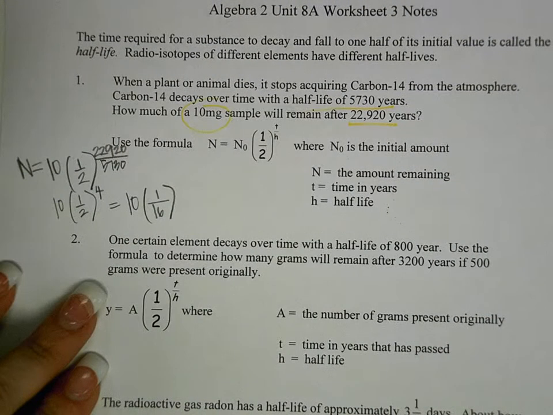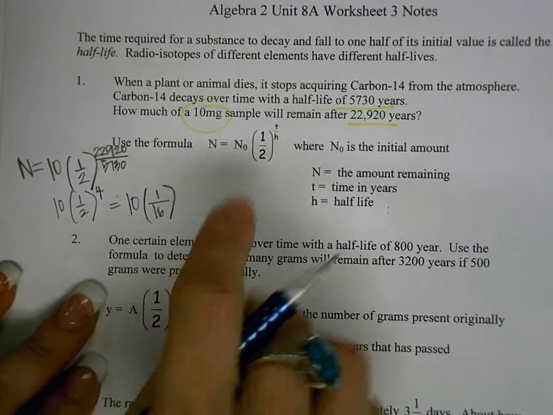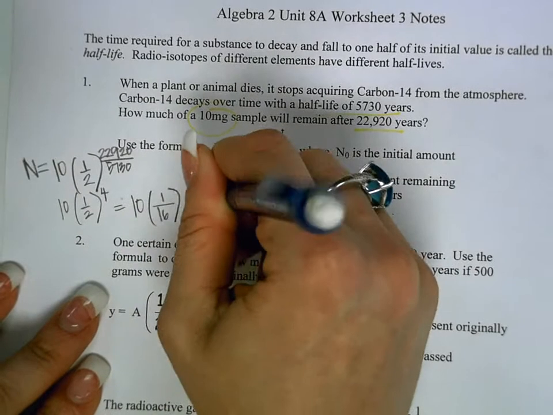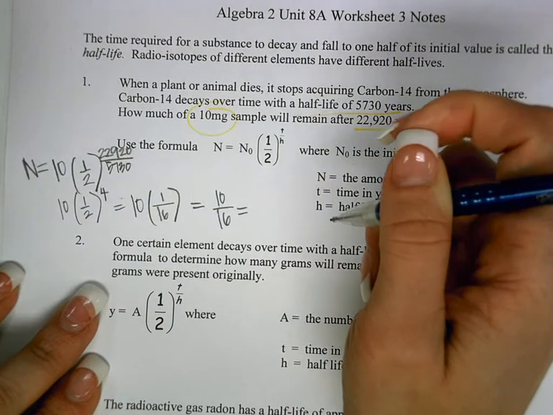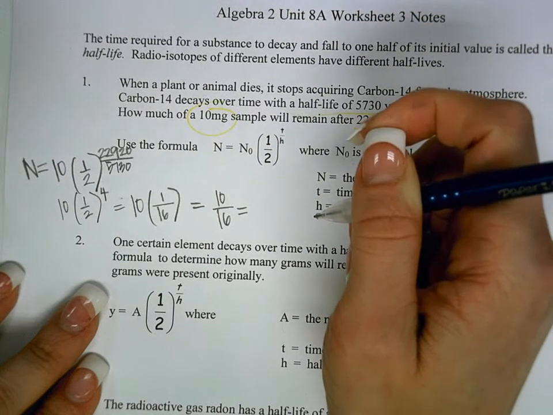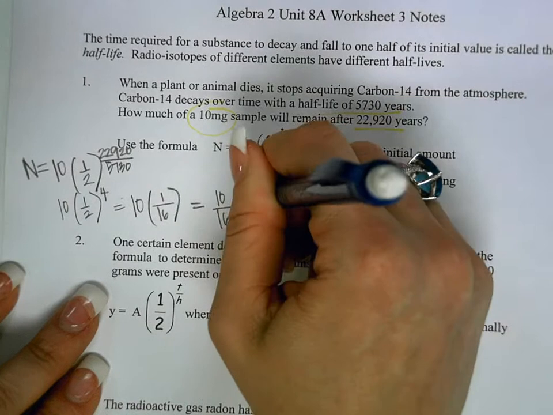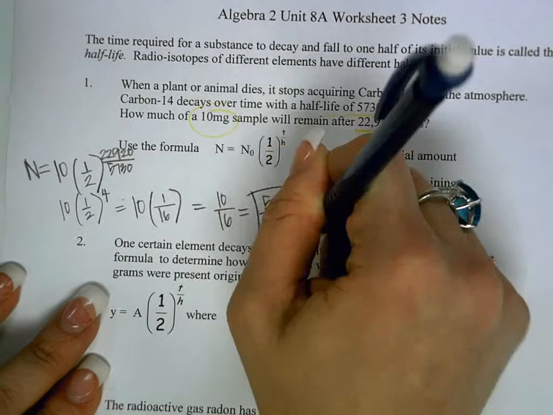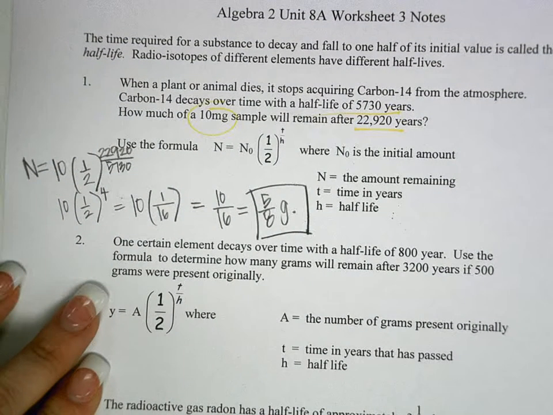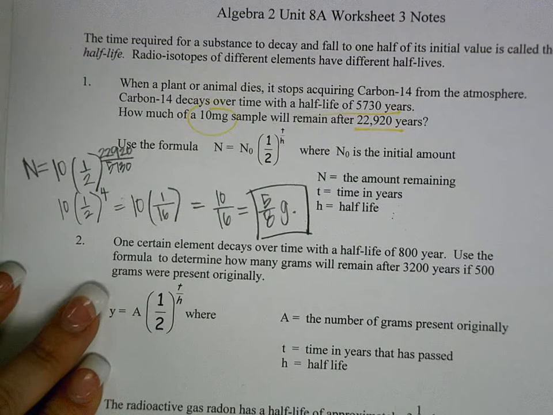Now, if you multiply, I do not want you to use your calculator for this. Okay, it's a little bit too complicated. Just multiply across the top and the bottom. So 10/16, and that reduces to what? 5/8. So 5/8 grams. 5/8 of a gram is left behind. That's it. That's your answer.